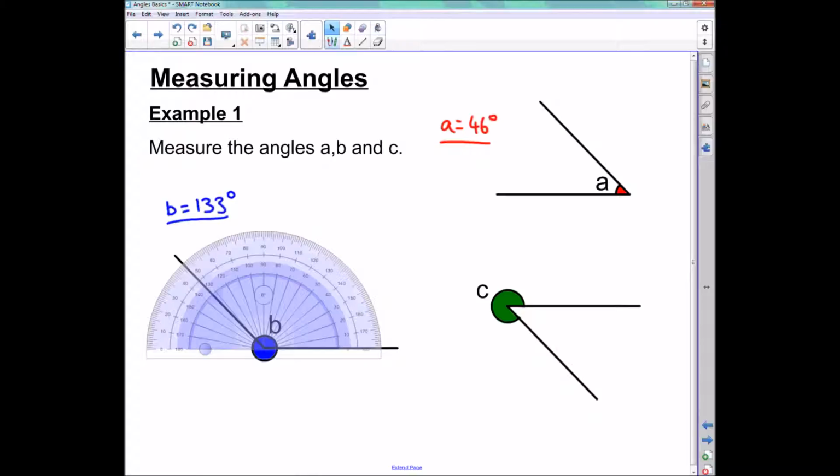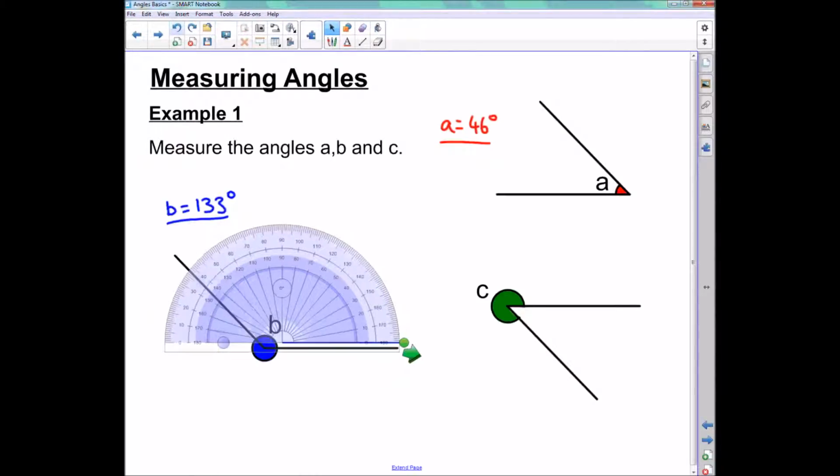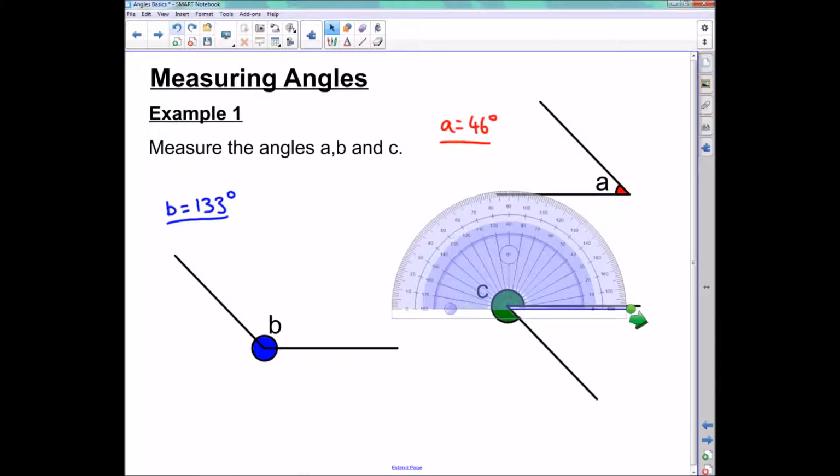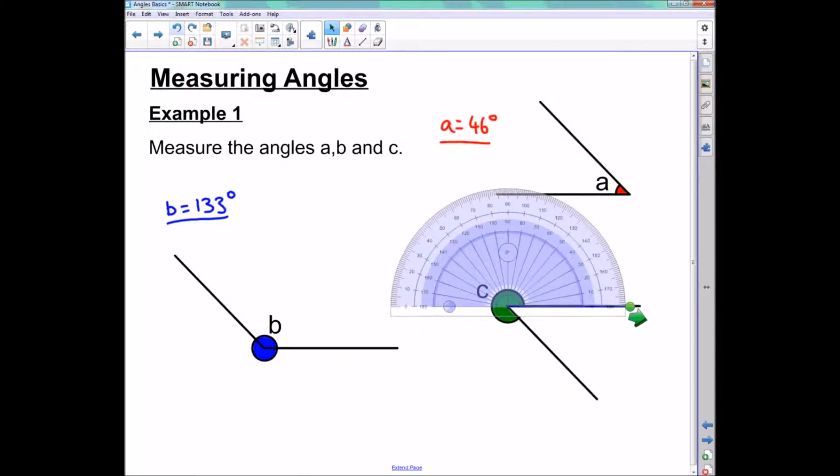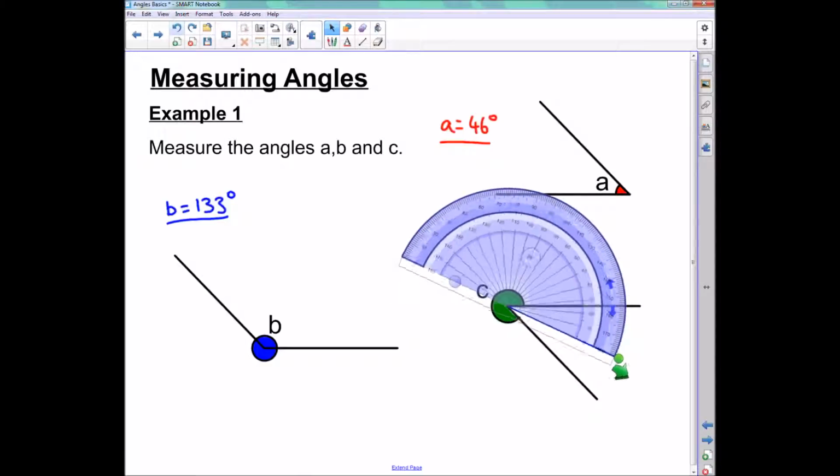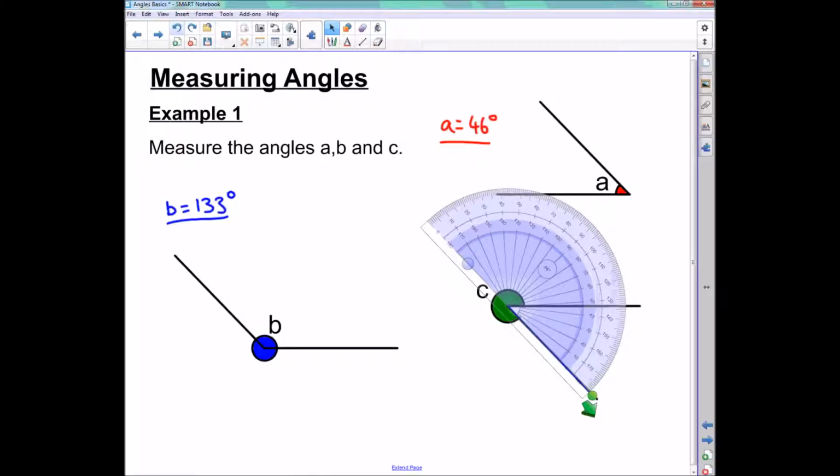Okay, so finally I'm going to measure angle C, which is a reflex angle. Now this is the hardest angle to measure, okay, but there is a little trick to doing this with a half protractor. Okay, so I'm going to line up my origin and I'm going to rotate my protractor around so that the 0 line is going to measure the missing part, the bit that is not green on here.